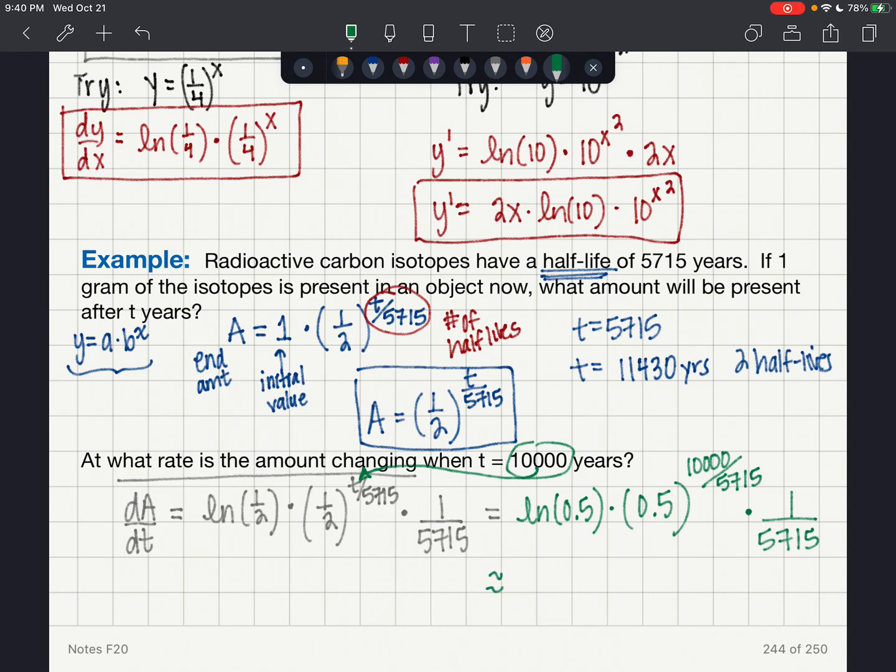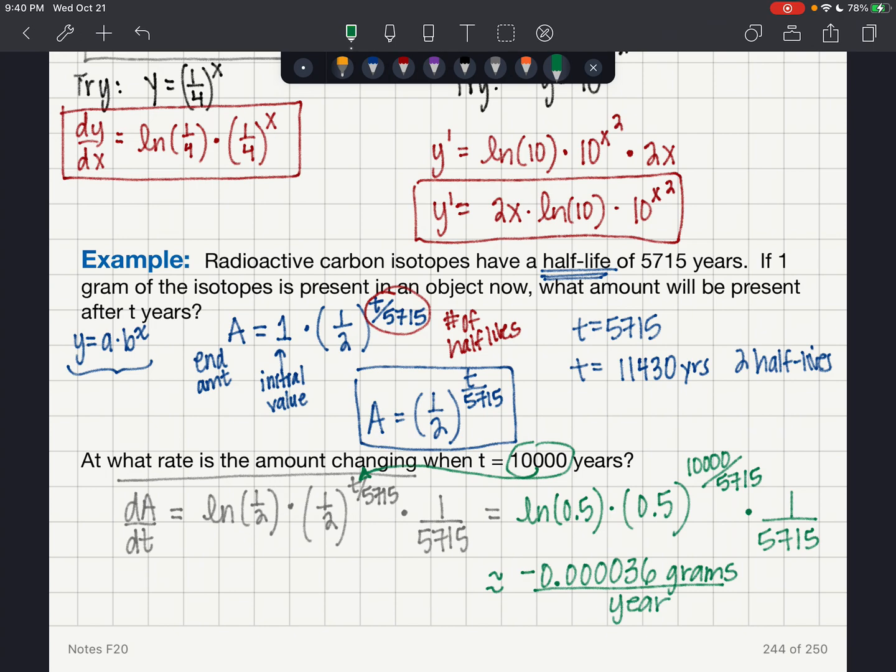I put all of that into my calculator, and I'm getting approximately negative 0.00036 grams per year.